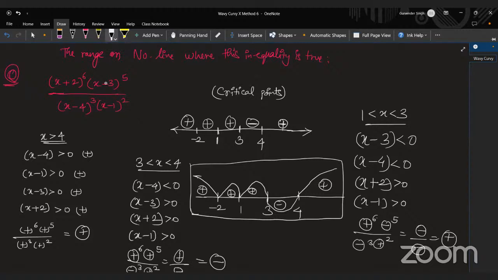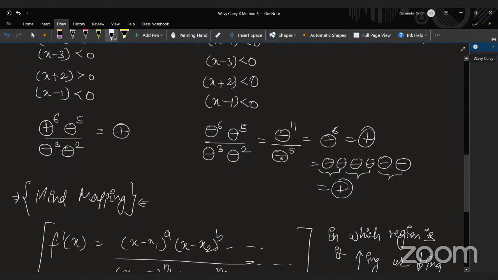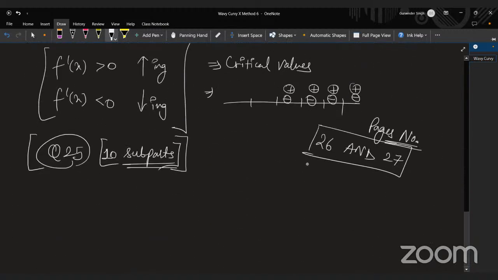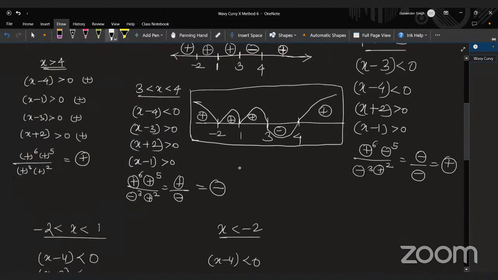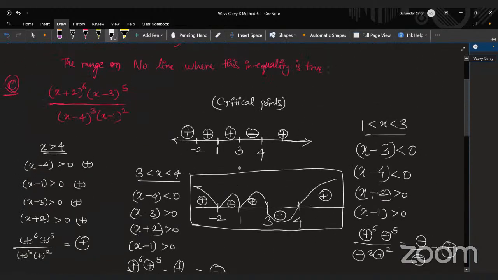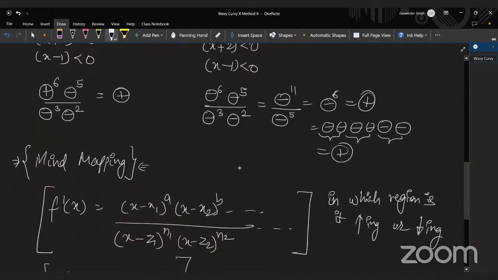Just find the critical points, and after you have found the critical points, in each interval put in values, plus and minus, and depending on the sign of the final function, you will get whether it is plus or minus in these regions. Like this problem, please do these 10 subparts. They are fairly simple, and they are not more than quadratic. Here we have done raised to power 3 also, raised to power 6 also. This was the toughest problem of them all, as you can see.